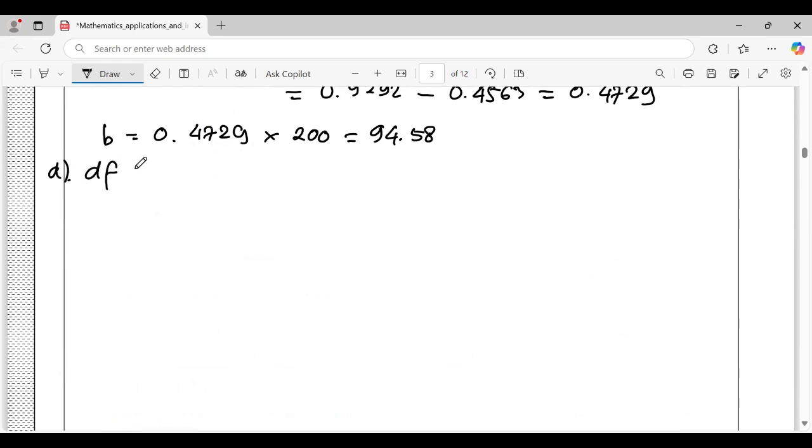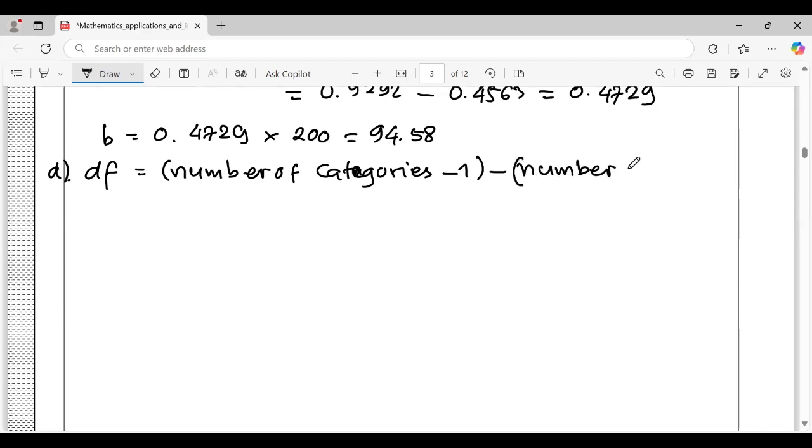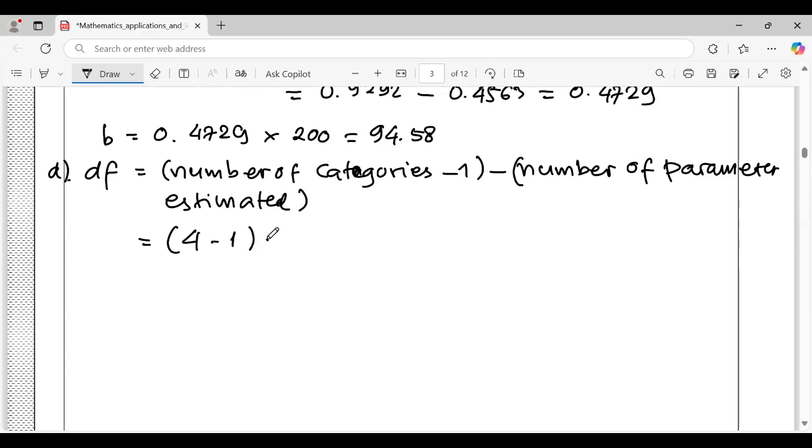So df equals, according to the theory, the number of categories minus 1 minus the number of parameters estimated, or this is 4 minus 1 minus 0. So df equals 3.